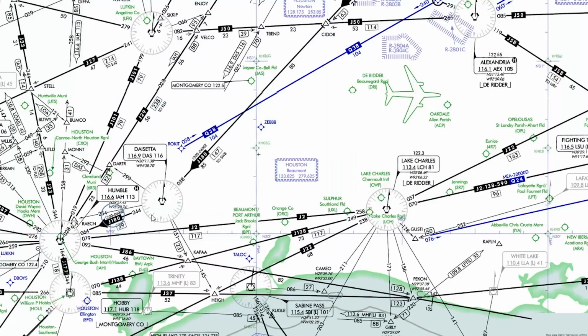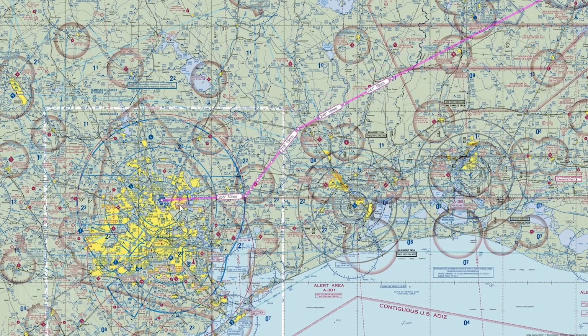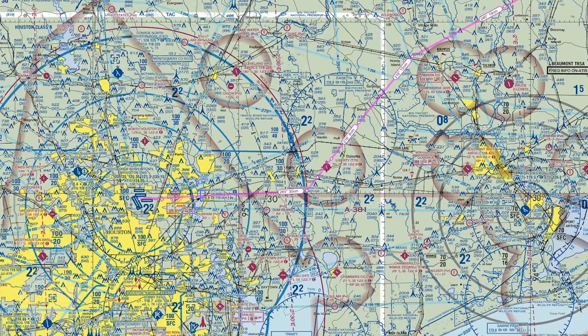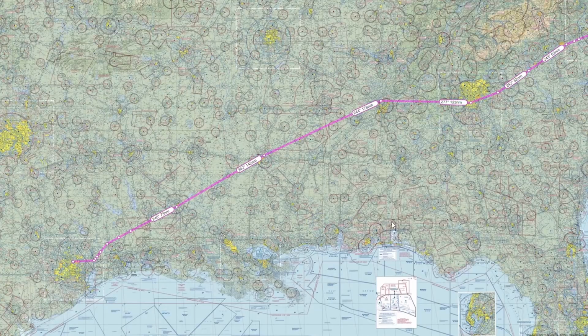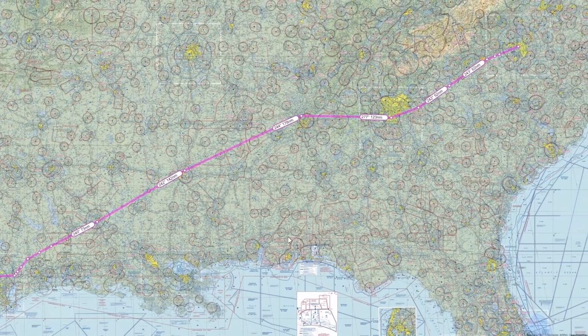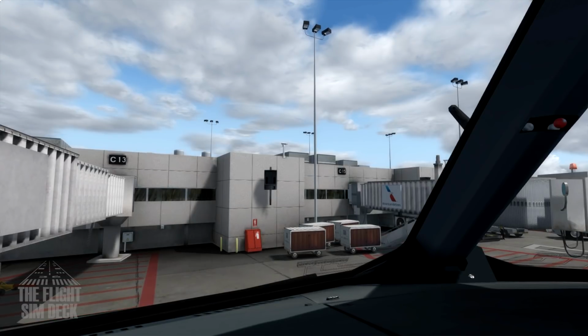I don't know our arrival yet, but this is the direction we'll be coming in. Actually, no, it'll be the Doobie 2 arrival. That will be the arrival that we'll be doing. And yeah, that's the route today. It's a quick route, a little bit shorter than some of the routes we've been doing lately. And yeah, we're just going to get going here.